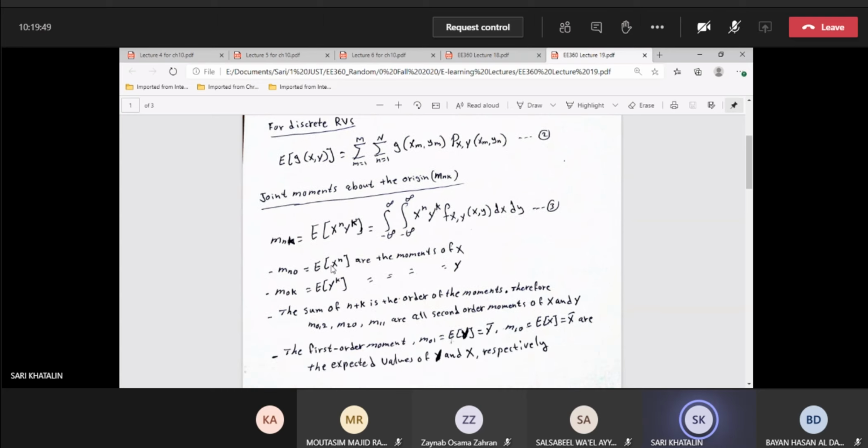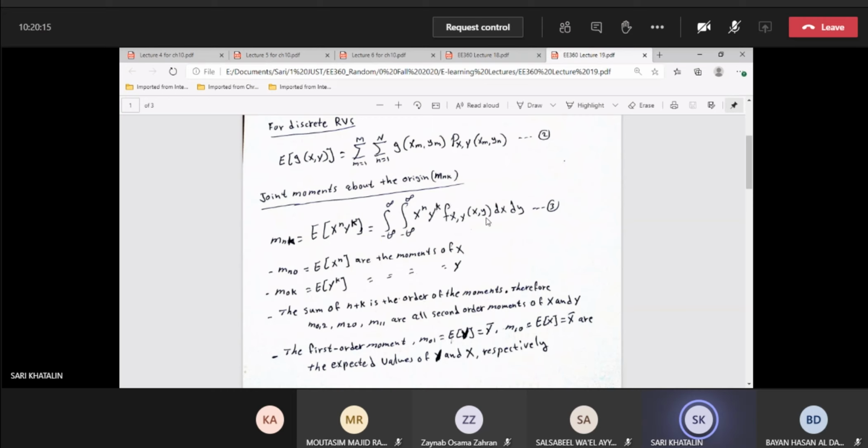So here, if K is equal to 0, this one will go away, it will be 1, of course.